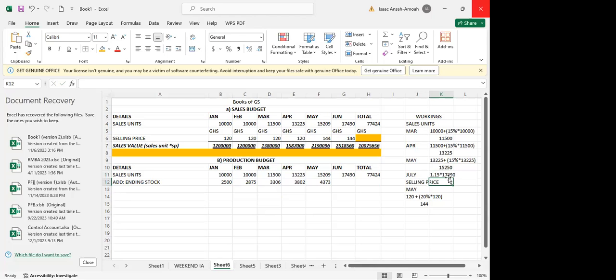If you do that, what do you get? No, what are we multiplying by what? We are finding the planned sales units for July. We want to estimate that to help us compute the ending stock for June.